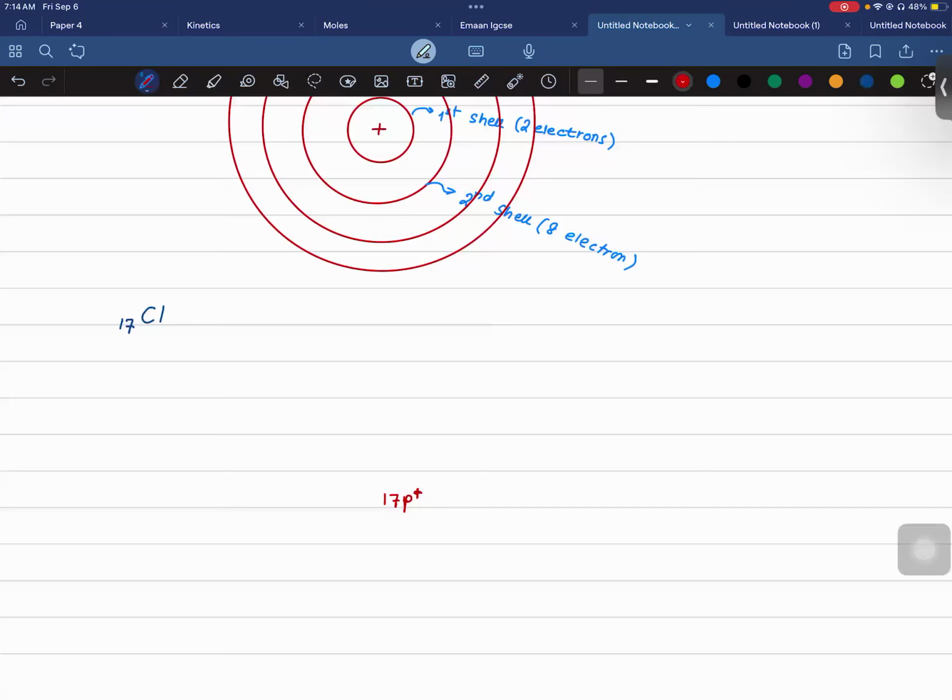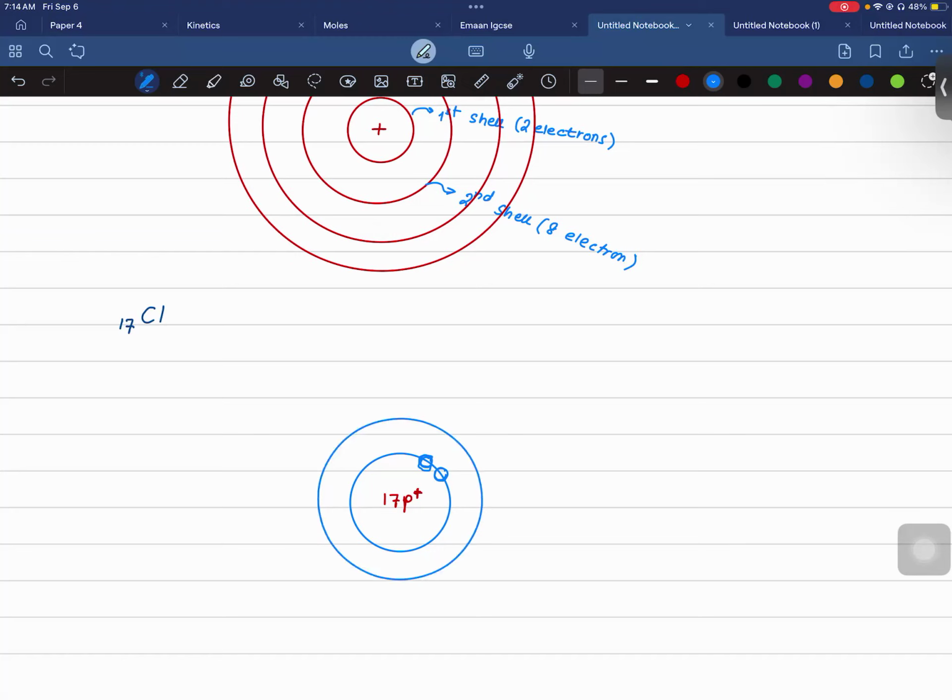Then I start the first shell and I put two electrons. This is the maximum capacity of the first shell. You cannot put more than two electrons in this shell. Now you have to start the second shell because the first shell is completed.